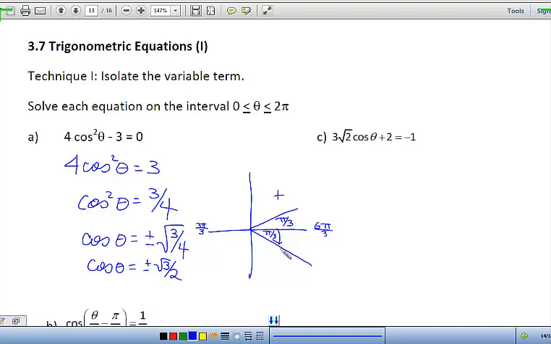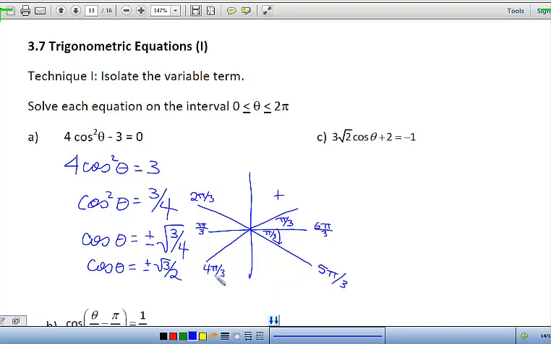So 6 pi over 3 minus pi over 3 is going to give me 5 pi over 3. But we're also interested in where it's negative. So we need to look in the second and third quadrants as well. And the reference angle in both of those is still pi over 3. So that's going to give me 2 pi over 3 here and 4 pi over 3 here.